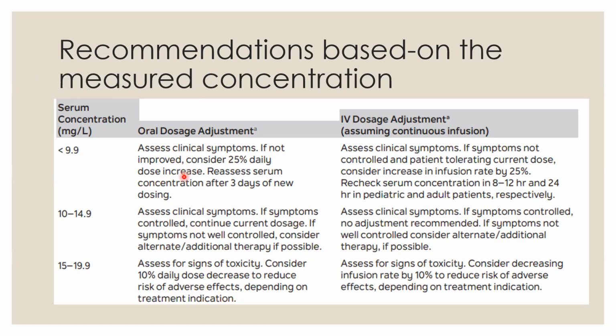We assess serum concentration after 3 days of the new dosing. If we do change, you have to investigate. You see, there is a difference between oral and IV. And if you have a higher one, this one is actually subtherapeutic.